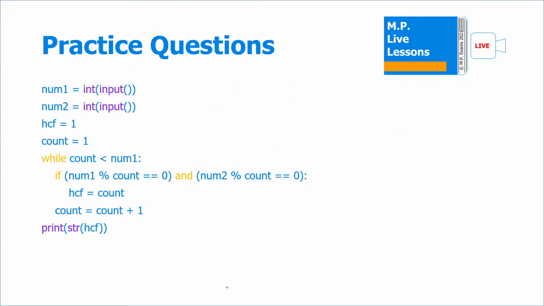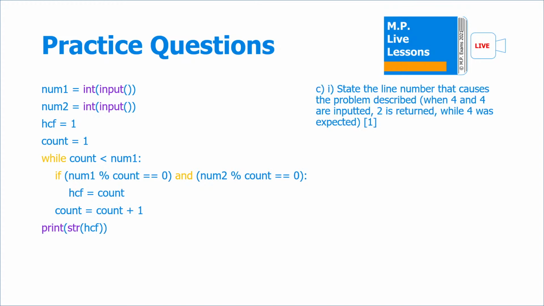So I'll write out the code here again. Now, state the line number which causes the problem described. Remember when we put 4 and 4 into the inputs of num1 and num2, we get printed out 2. And we know that the HCF of 4 and 4 should be 4.